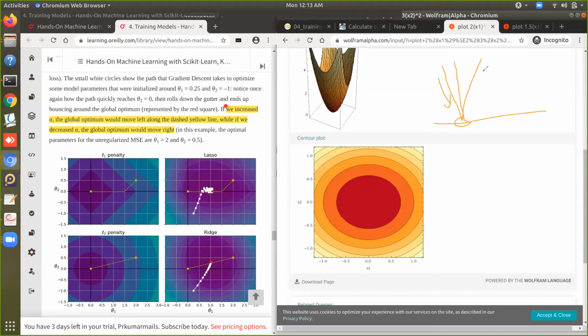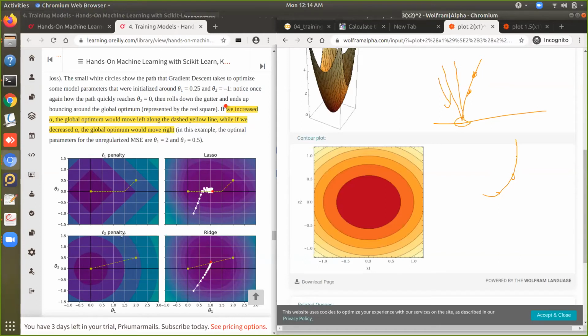If it is a curved one, the steps will be small, but since this is not curved, it takes bigger steps compared to the curve. So at first it aligns with one dimension, reaches 0 in theta 2, then moves toward the other dimension in the L1 penalty.